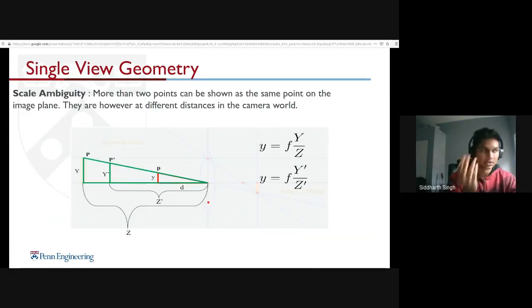So, scale ambiguity, right? To understand scale ambiguity, it's very simple.